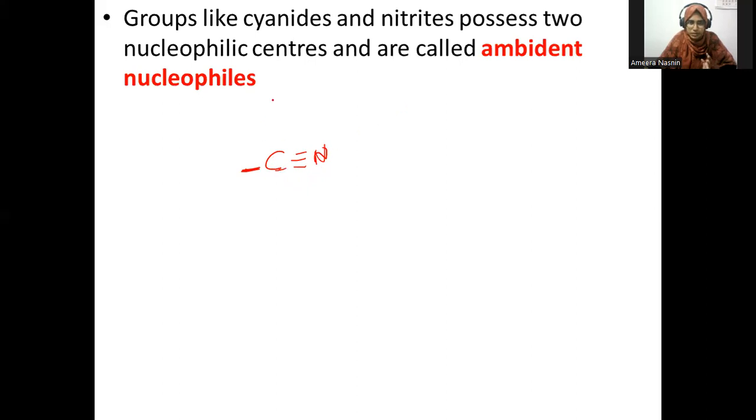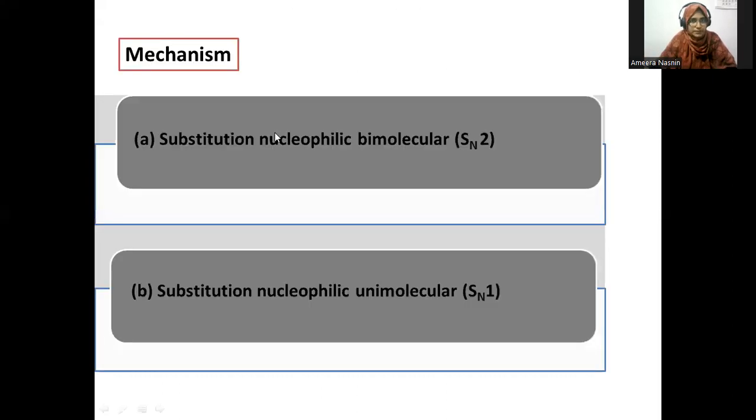Another example being NO2. This can form a bond using this nitrogen or using one of the oxygens. So these sort of nucleophiles are called ambident nucleophiles.